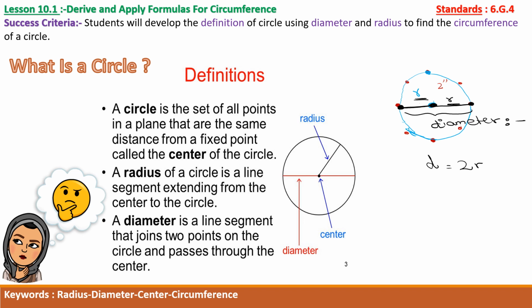Or in other words, the radius is half of the diameter, R equals half D. It is very important to understand the concept of diameter and radius in a circle, and to memorize these formulas: D equals 2R, R equals half D.